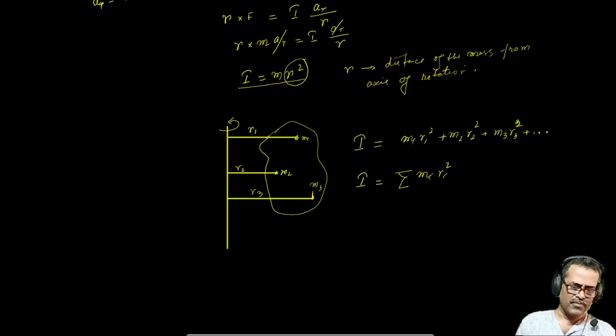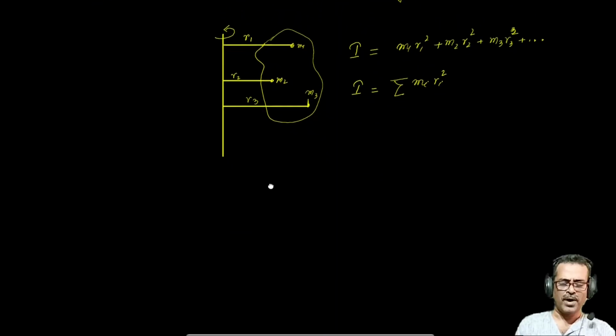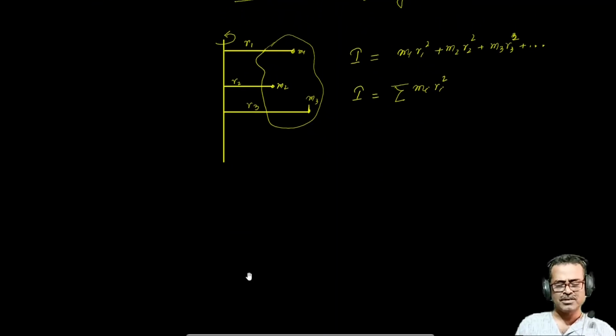Now in case of linear motion, we always take a point which represents the whole body. Suppose in case of this block, when we study the motion of this block, we just take the CG of the body and observe the motion of the body. That is a rigid body.